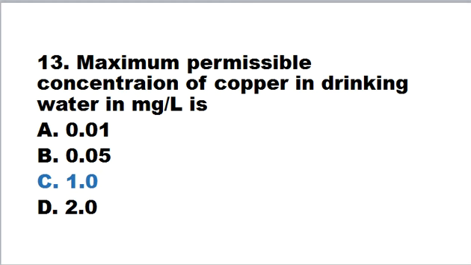Here there is no option for 1.3, so we will tick option C, because 2 is very high and 1.3 is closer to 1. So according to this report, 1.3 milligram per liter is the maximum permissible concentration of copper in drinking water, so in milligram per liter it is 1. So correct answer is C.